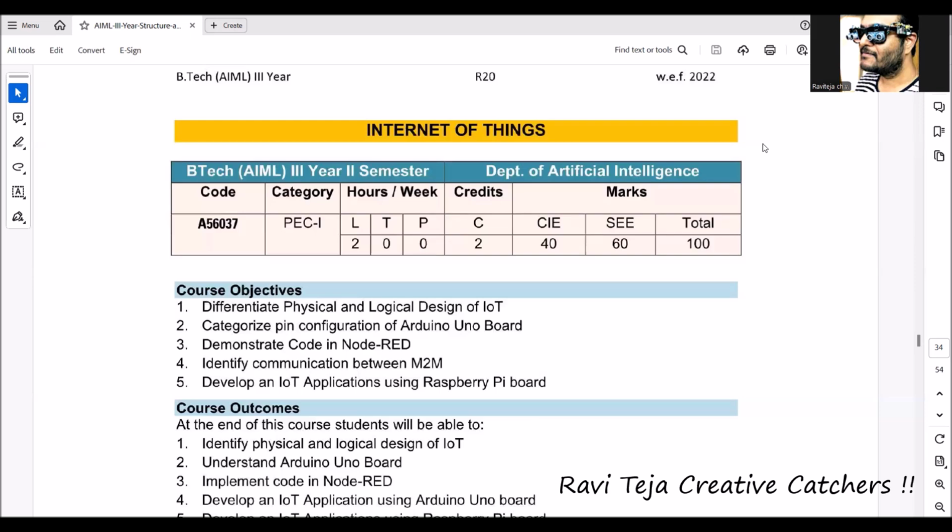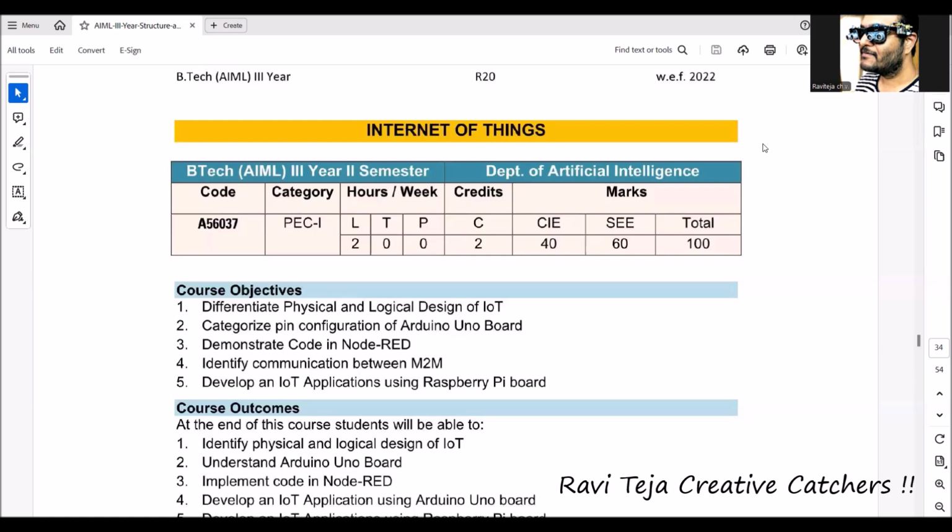So coming to the course objectives, we can see the difference between physical and logical design of IoT. We are also able to categorize the pin configuration of the Arduino Uno boards. These Arduino Uno boards we are also going to use in the IoT lab, and we are going to demonstrate the code in Node-RED. Okay, so what is this Node-RED?